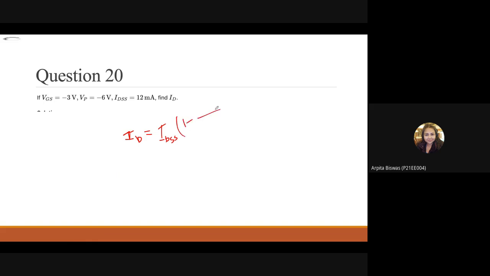ID equal to IDSS into 1 minus VGS by VP whole square. So IDSS is given as 12 milliamps into 1 minus VGS value minus 3, and the VP value is minus 6, whole square, right?